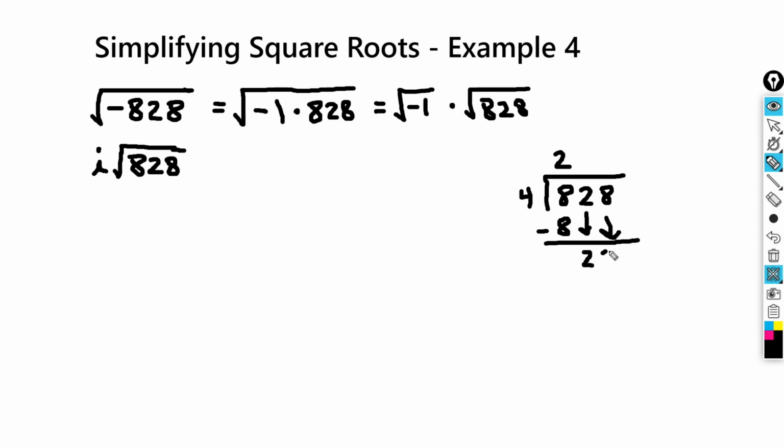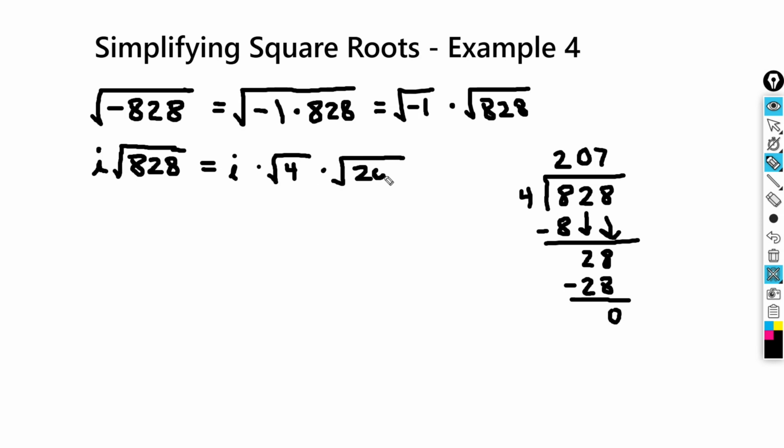Bring down the 8. 4 doesn't go into 2, so we'll say 0 here. But 4 goes into 28 7 times. Okay, so we can break this into i times the square root of 4 times the square root of 207. Okay, so the square root of 4 is 2, so I can write this as 2i square roots of 207.